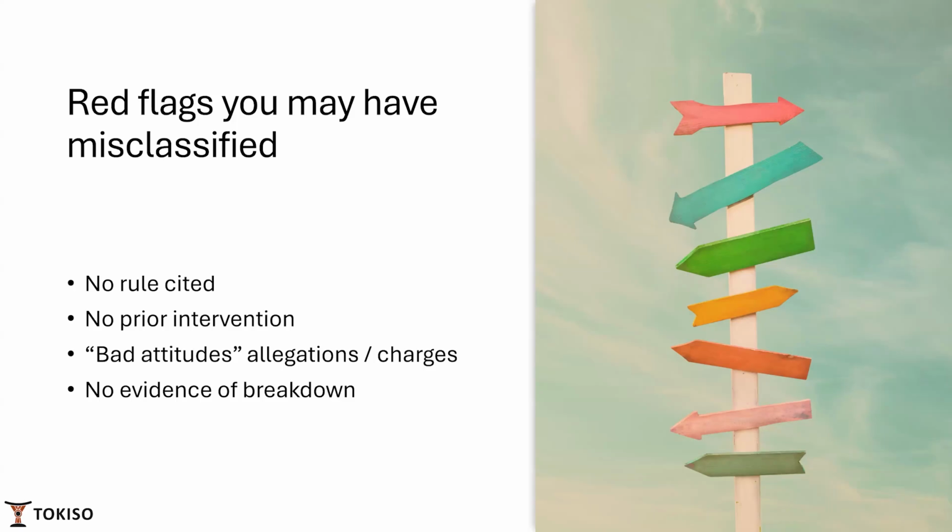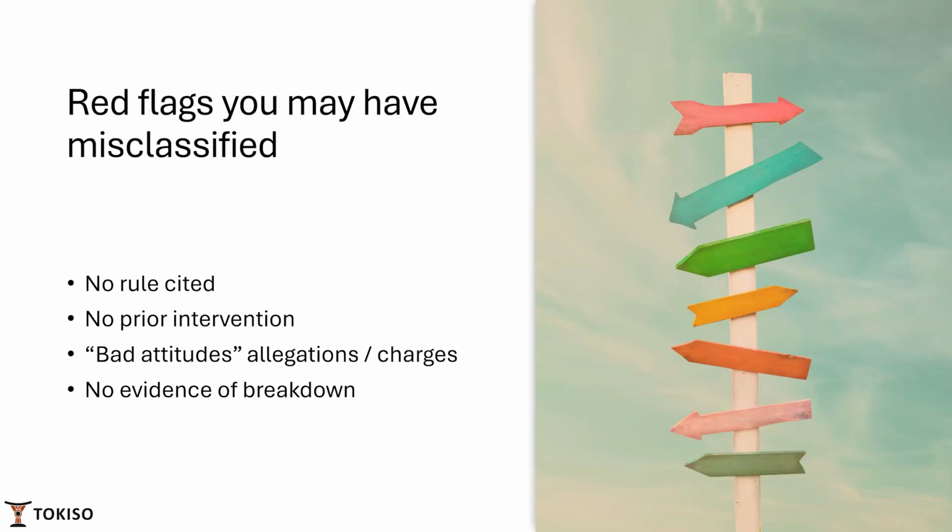You need to be able to say what that observable conduct is, what evidence and facts support what is being raised, and what supports causation. And the employee needs to be the substantial cause of that disharmony. So be wary of these labels being used in charges or allegations raised against an employee.